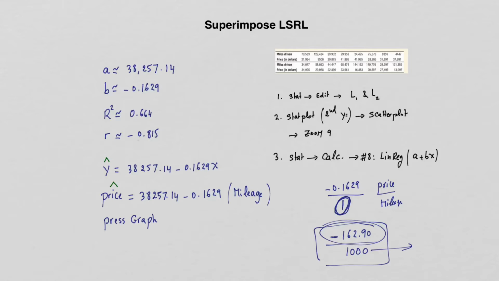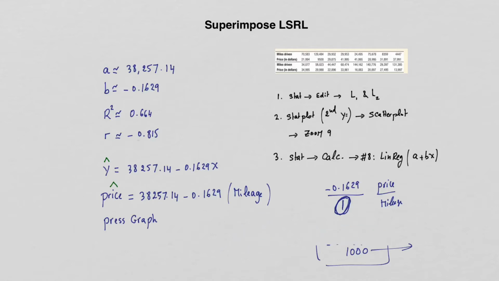Lose. It should make sense. Or maybe you may want to do this. For every additional 100 miles driven, the car is expected to lose $16.29. Make sure you say lose, okay? Because there is a negative sign. That is the interpretation of the slope, okay?